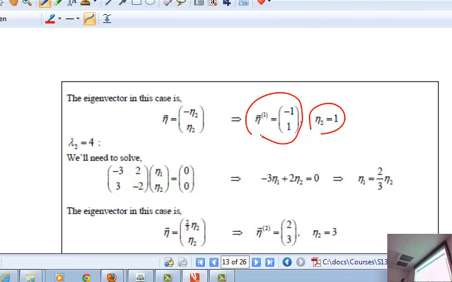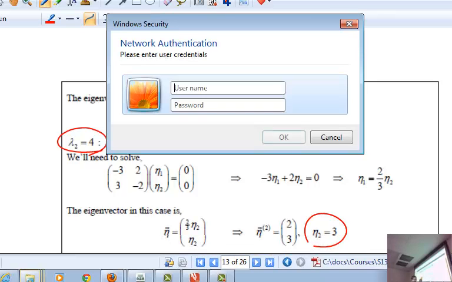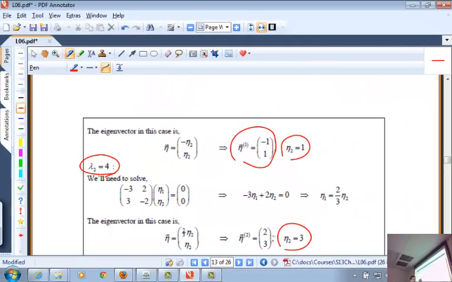Okay, and then you take the second eigenvalue, go through the same process, and pick arbitrarily one component of that, and that gives you the second eigenvector. Okay, so I have the two eigenvectors. I can plot it on that state space.